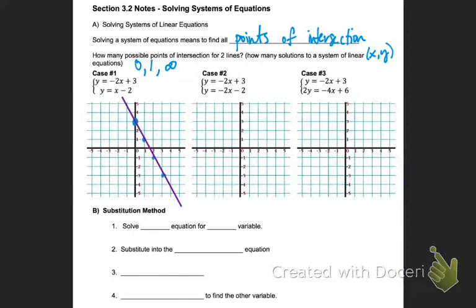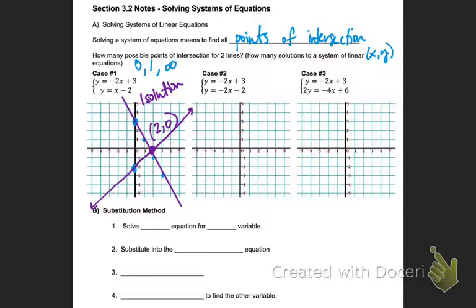And then x minus 2, put a point at my y-intercept. My beautiful line. Okay, so this is case number 1 where there's one solution. I didn't draw this super well, but the one solution would be at 2, 0. One solution.